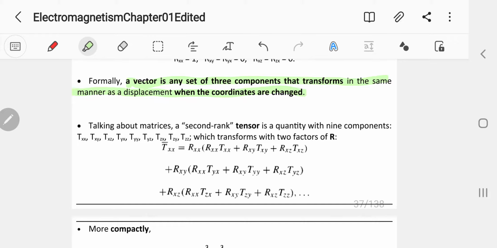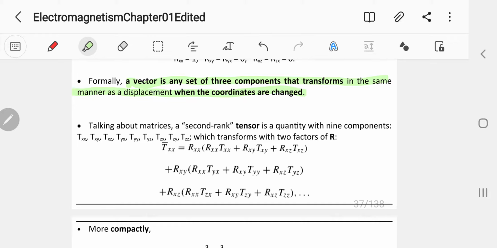But there's also a different kind of quantity. We call them tensors. These tensors are actually the generalization of a vector.